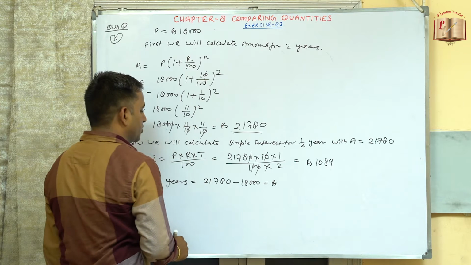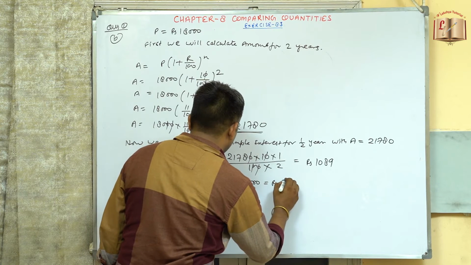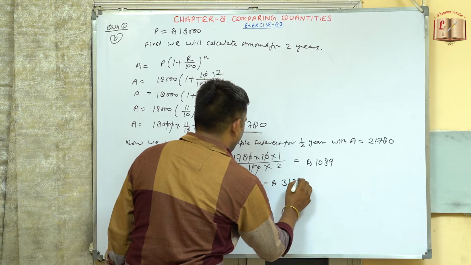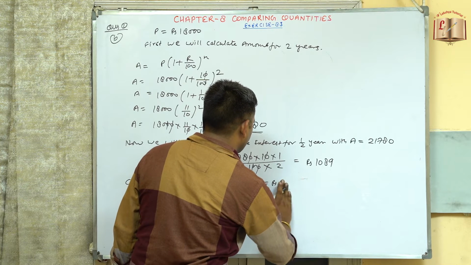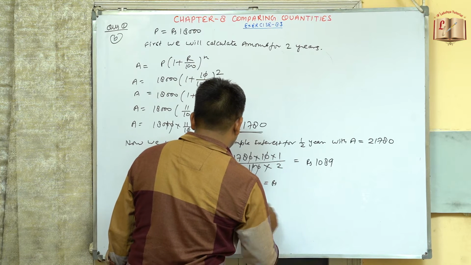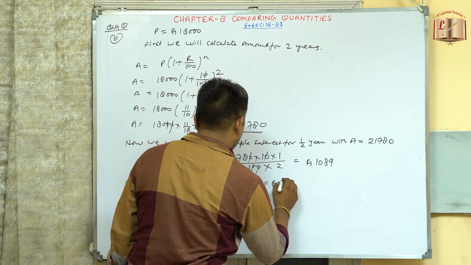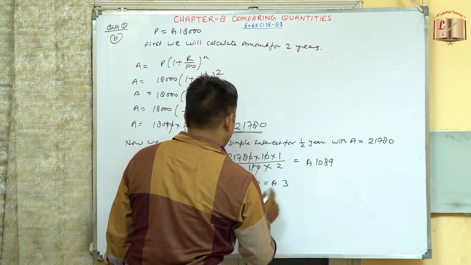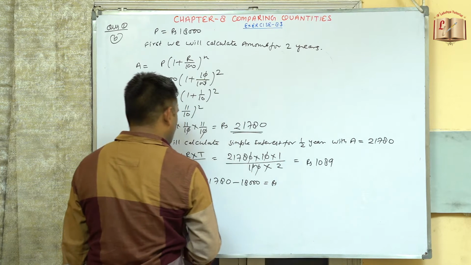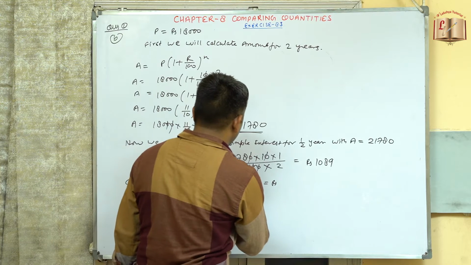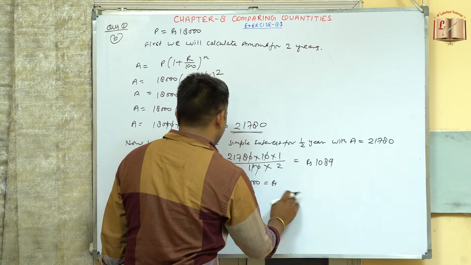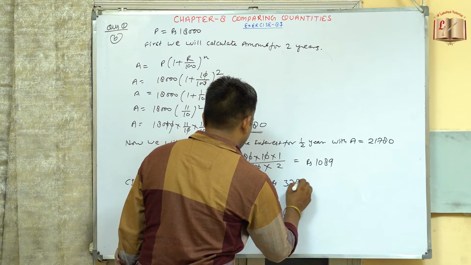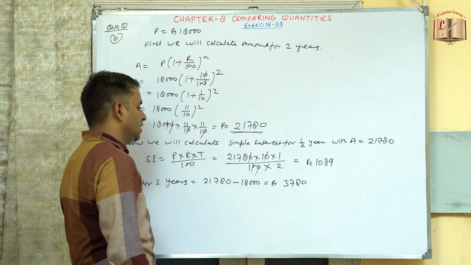So this is 21,780 minus 18,000, which is 3780.